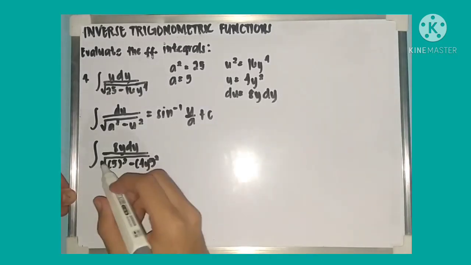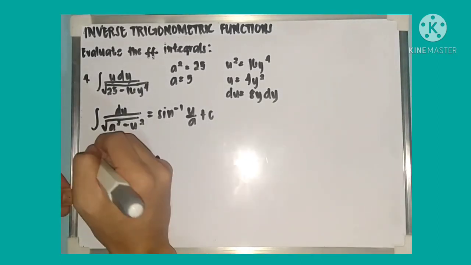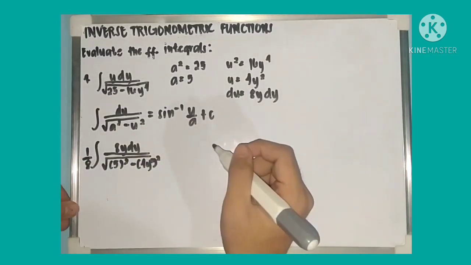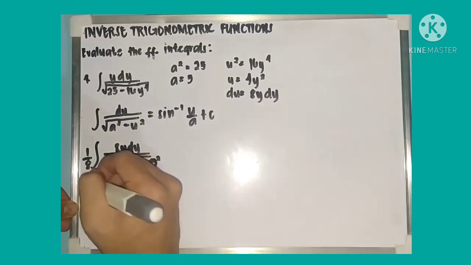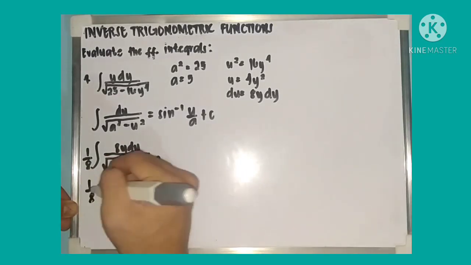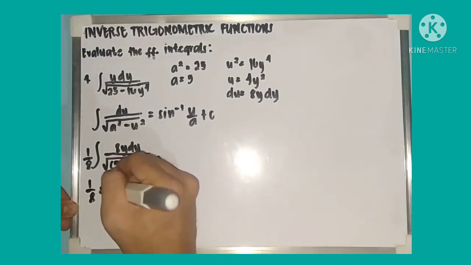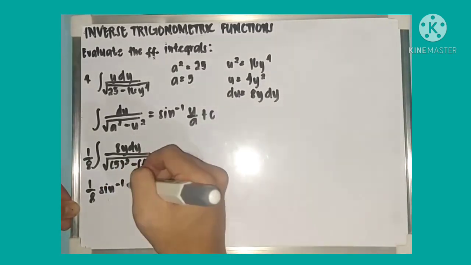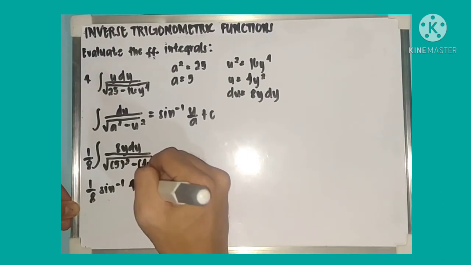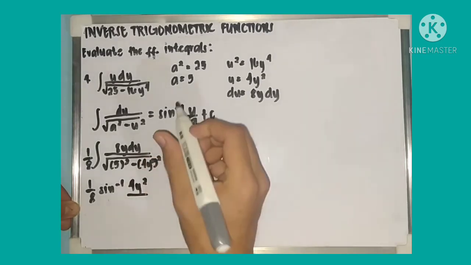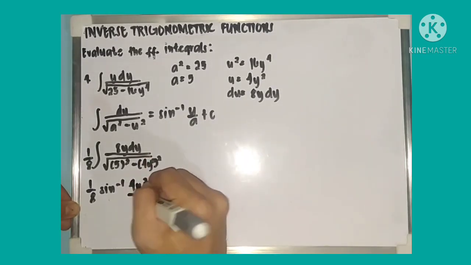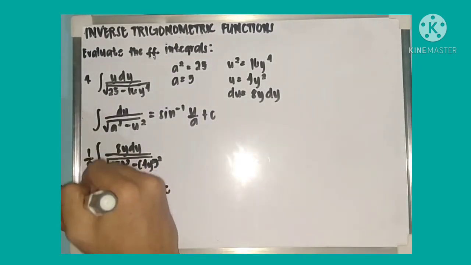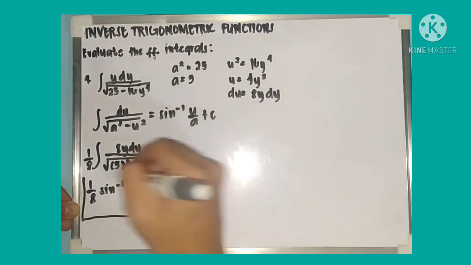So, para ma-balance tong equation na to, magmumultiply tayo dito ng 1 over 8. And then, apply na natin yung formula for arcsine. So, copy lang natin yung constant na 1 over 8 times arcsine times u over a, which equals to 4y squared all over 5 plus c. So, this is our final answer for problem number 4.